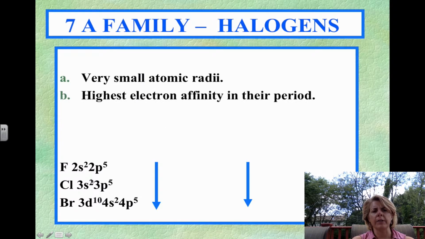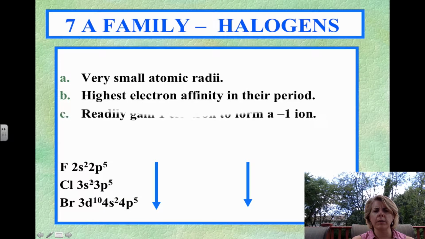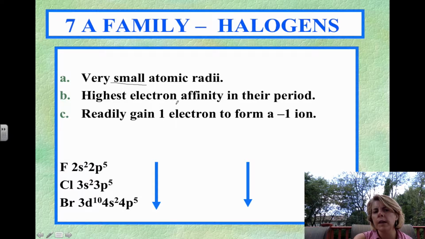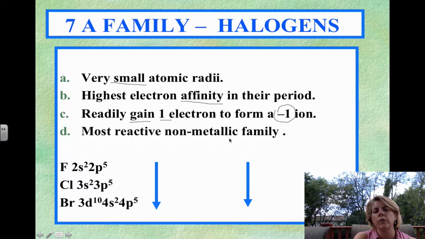Okay, for halogens, it's a little bit different. They are very tiny, and remember, they're small because there's a higher positive charge in the nucleus and there is electron affinity. So they're drawing in their electrons as tightly as possible. They're more closely held to the nucleus. You're gaining an electron to form an anion with a negative charge.